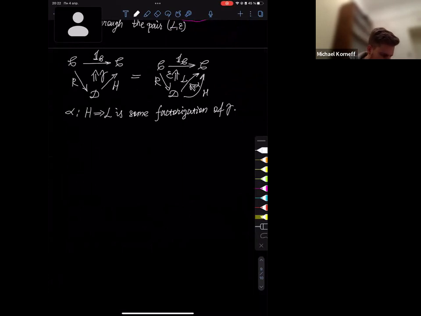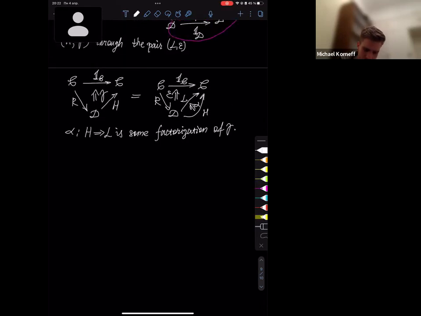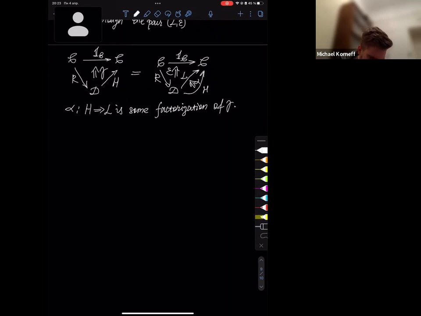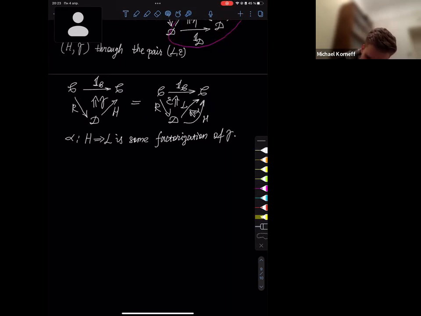Okay, and we can add the two cell to both sides of this equality, and we will obtain the following.